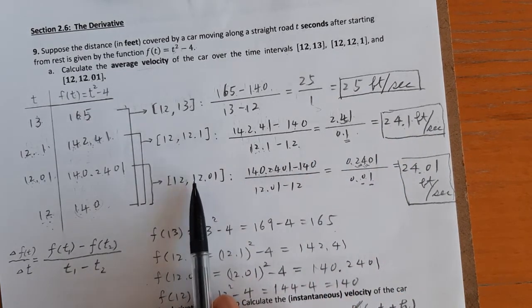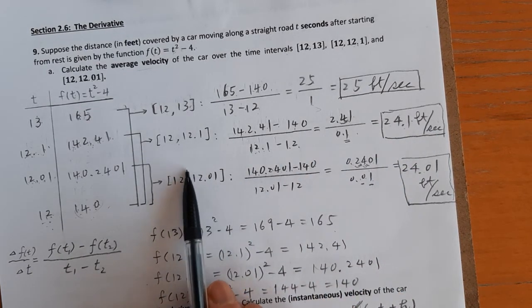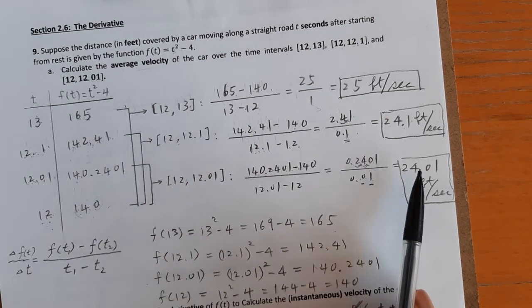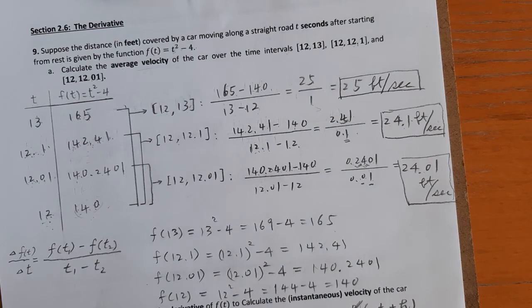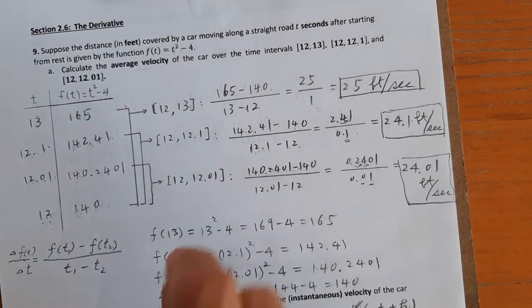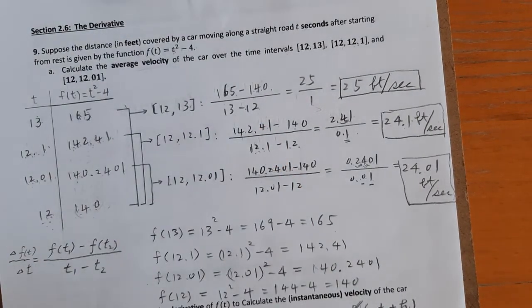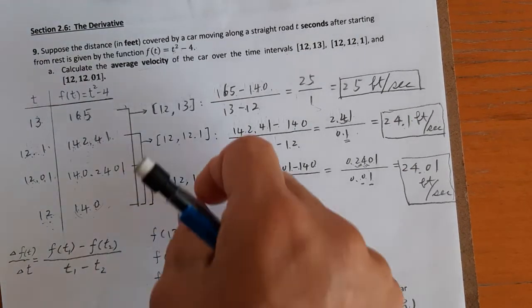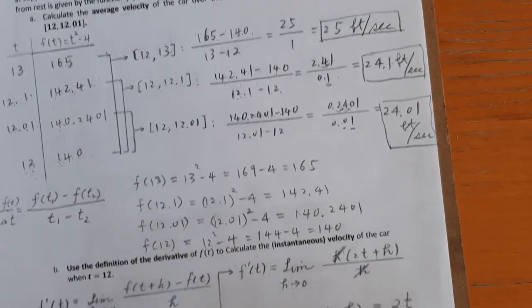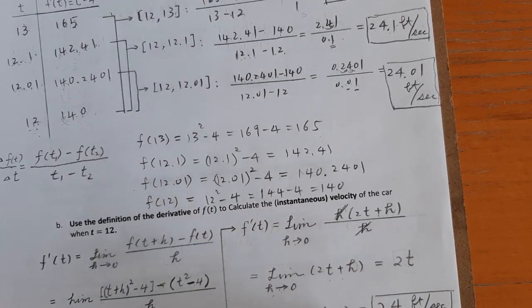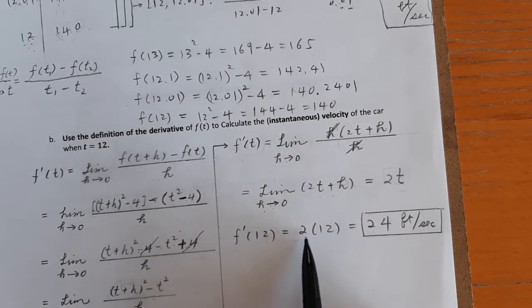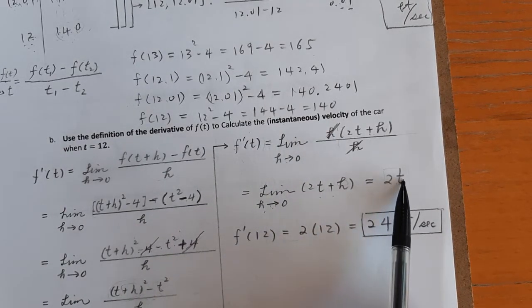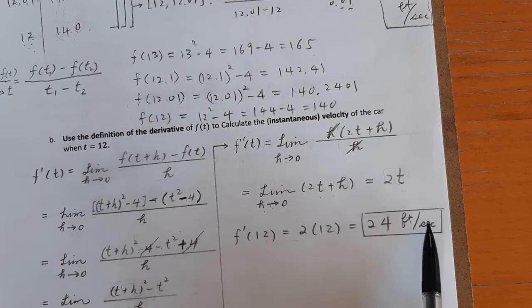And even closer, 12.01 to 12, the velocity becomes 24.01. So then you take the limit. The two points get closer to each other, the difference h approaches 0, getting closer to 12. At 12, that's what we call the instantaneous velocity. You plug in t equals 12 and get 24 feet per second.